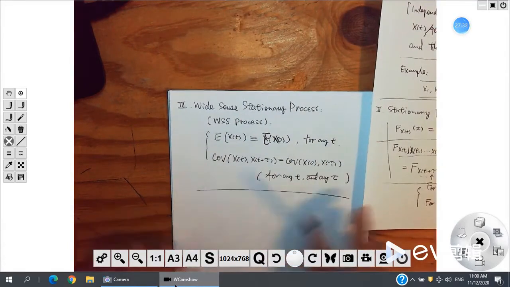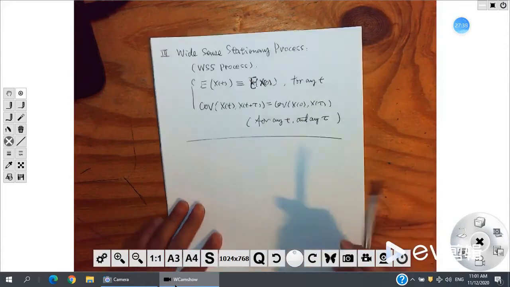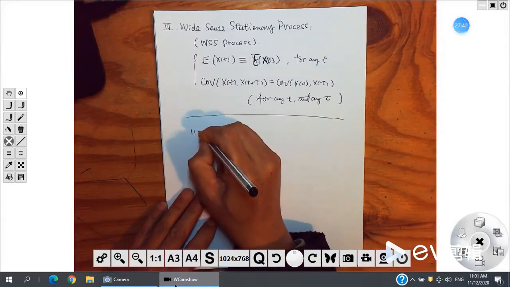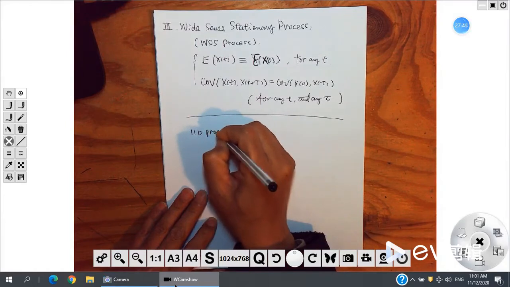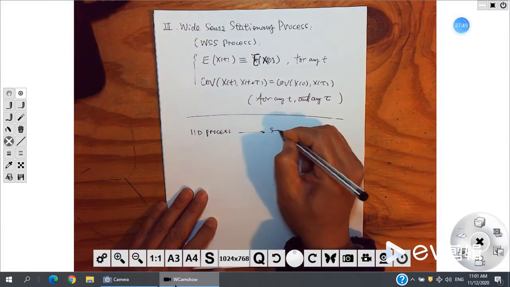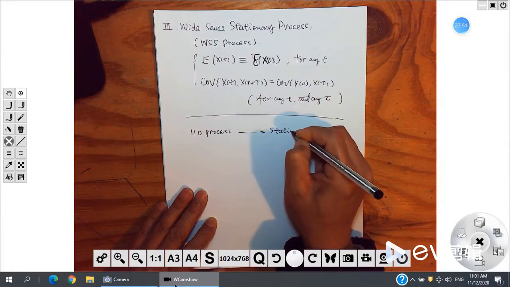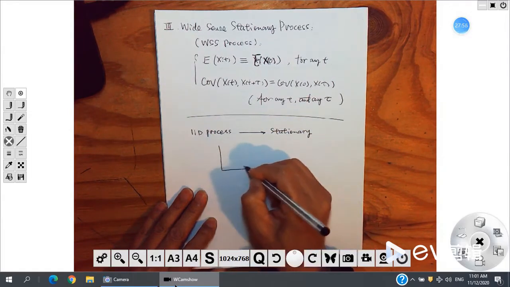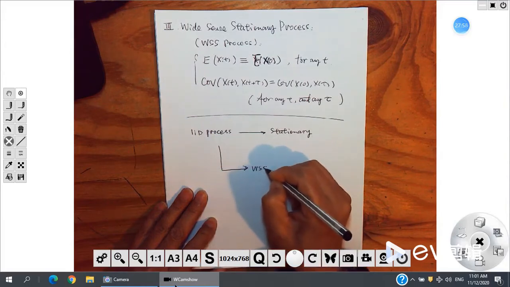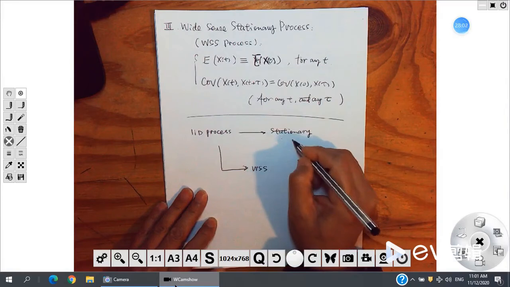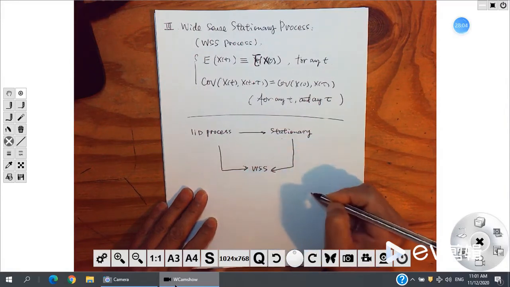Alright, now we have the relation like this. An IID process must be stationary. It must also be wide sense stationary. And a stationary process must be wide sense stationary.